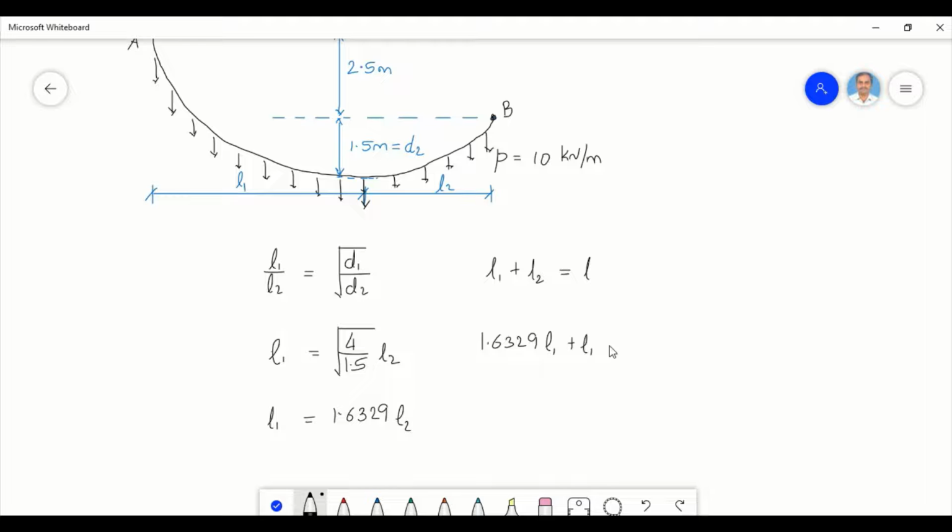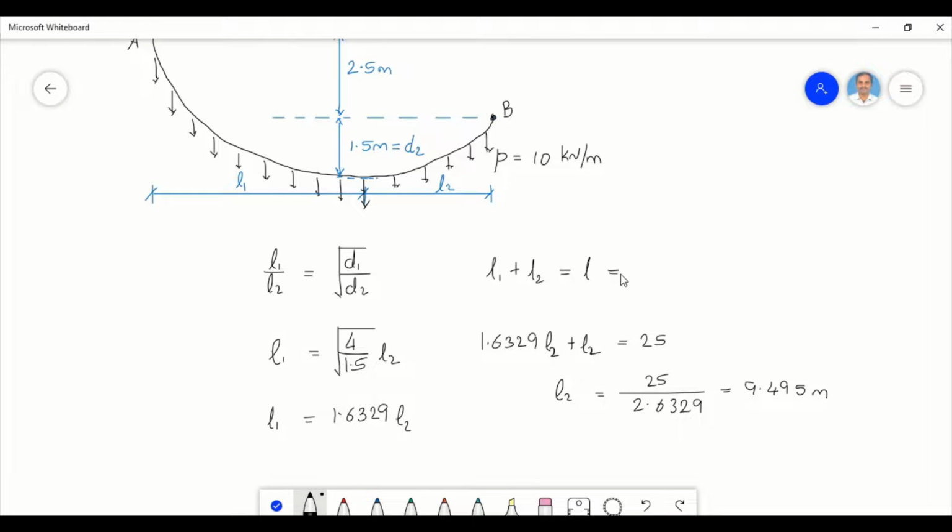So I can find the value of L2. The total L between A and B is 25 meters. So L2 can be expressed as 25 divided by 2.6329, and this value is 9.495 in meters.